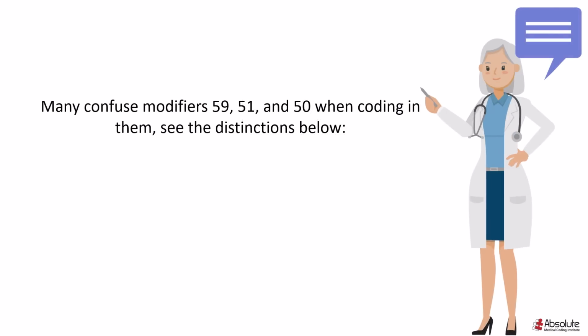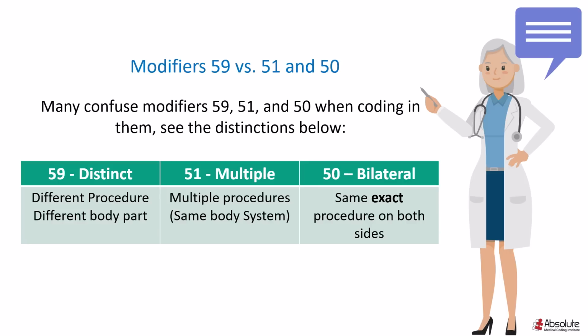I want to clarify modifiers 59, 51, and 50. So many people confuse these modifiers because they represent multiple procedures. Well, not so much bilateral, but let's take a look at them side by side. Modifier 59 represents distinct or different.